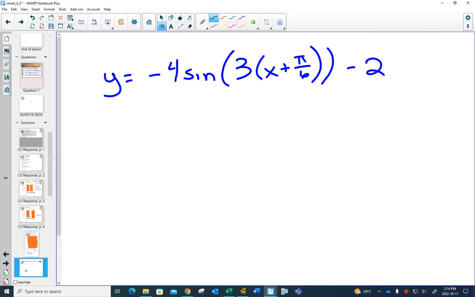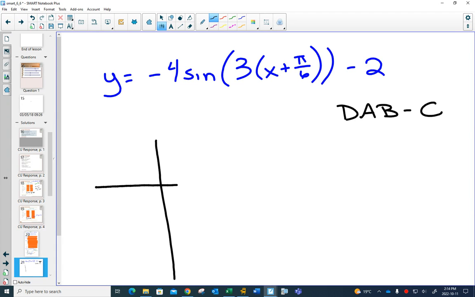Again, off to the side, I'm going to write D-A-B-C. Now, sometimes you can already see ahead of time what's going to happen. Can you see that my amplitude is 4 and my sinusoidal axis is at -2?